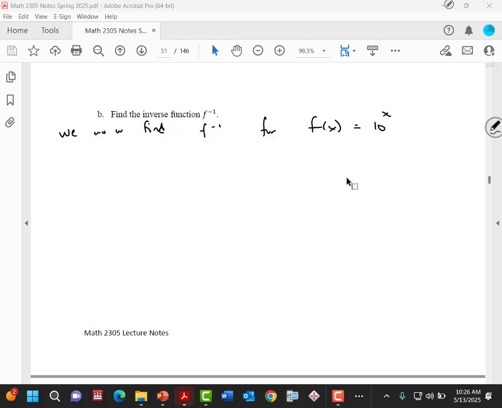How do we know such an inverse exists? We know because f is a bijective function. Because it's both 1 to 1 and onto, it's going to have an inverse function. So, since f is bijective, f inverse exists.